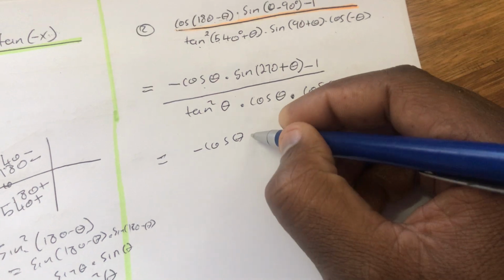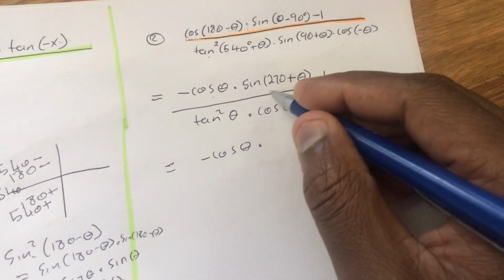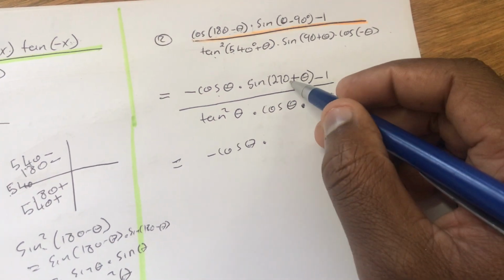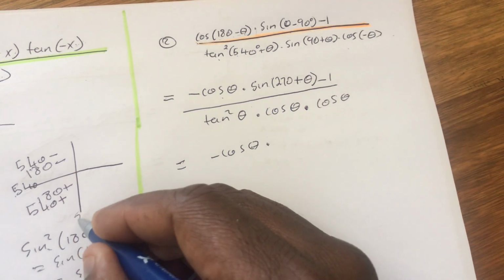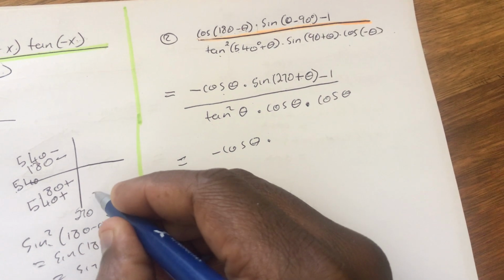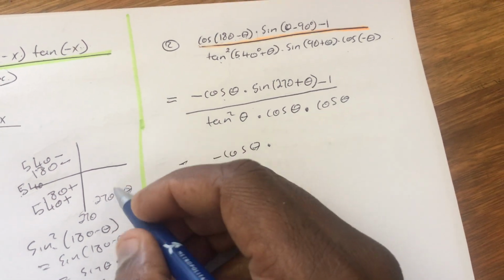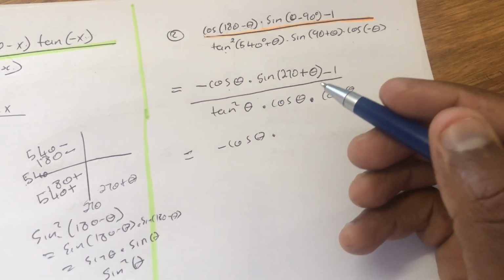So whenever you have again 270, it is also a cofunction, 90 and 270, right? So 270 plus theta, 270 is right here. So 270 plus theta lies in the fourth quadrant. Sine, is it positive or negative?